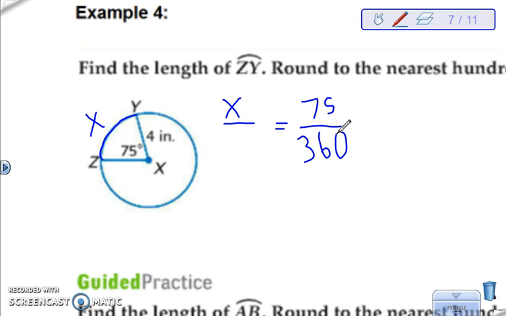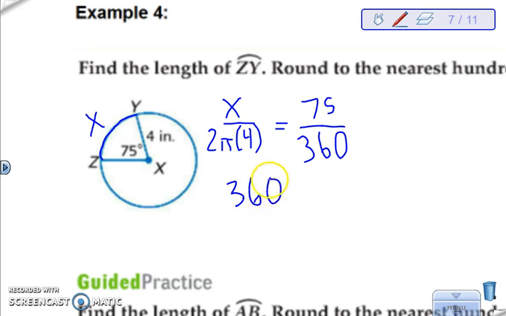Well, I know that in order to find the length around the entire circle, I'm going to use circumference. So the length of the arc over the total circumference of the circle is proportional to the measure of the angle out of 360 degrees.